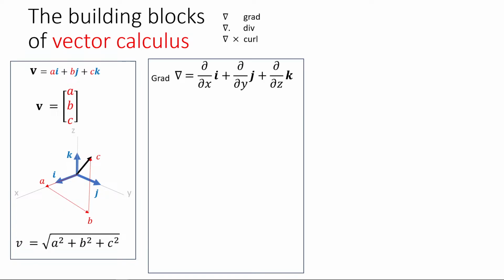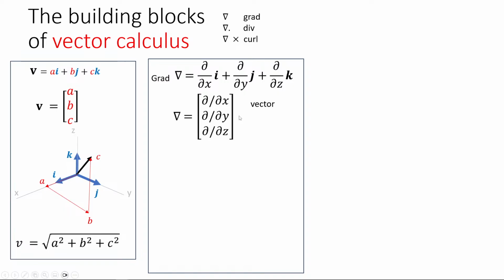Okay, so gradient. What is gradient? So gradient, that is not a scalar function. That's a vector function. So I can express my partial derivative in the I direction, my partial derivative in the J direction, and my partial derivative in the K direction.